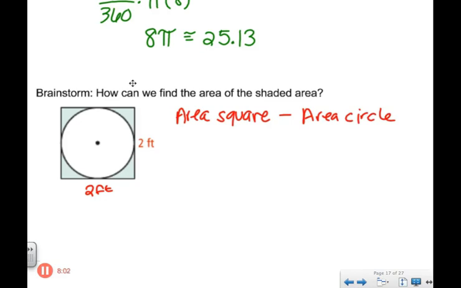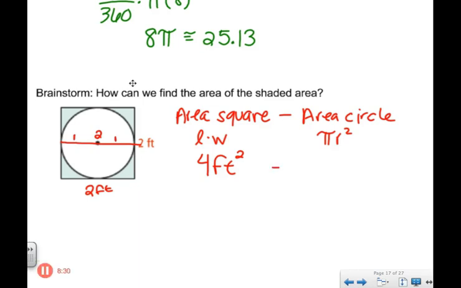Okay? So the area of a square, remember, is length times width. So I would have 2 times 2. So the area of the square is 4 feet squared. Now for the area of a circle, the formula is pi r squared. So I need to find the radius of this circle because I know the whole thing across is 2. So that means the radius would be 1.